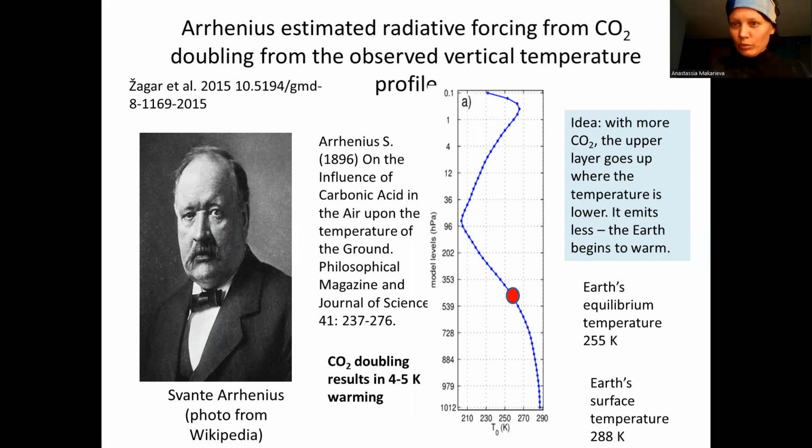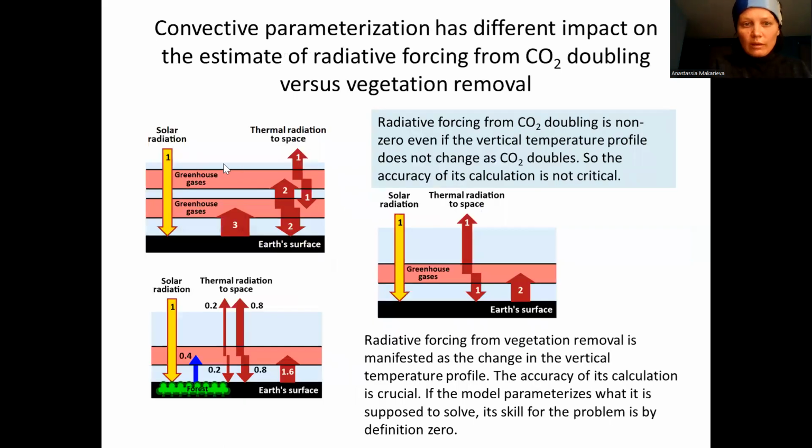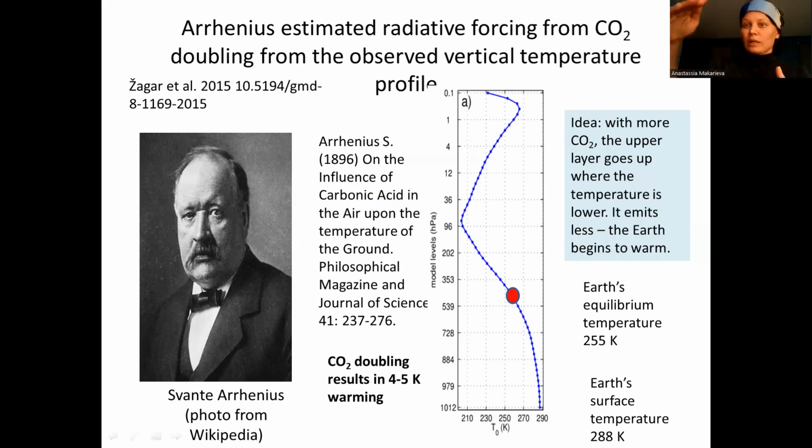His idea was that with more CO2, this upper layer from which the atmosphere radiates to space will go up, just because you add some gas, and so the upper layer becomes higher. And if higher it is colder, then assuming that it radiates according to its temperature, it will radiate less, and so the Earth will begin to warm.